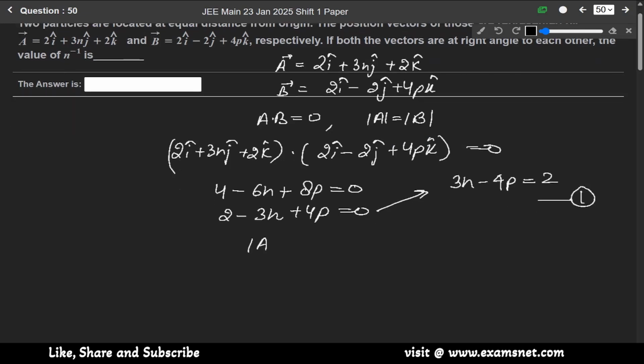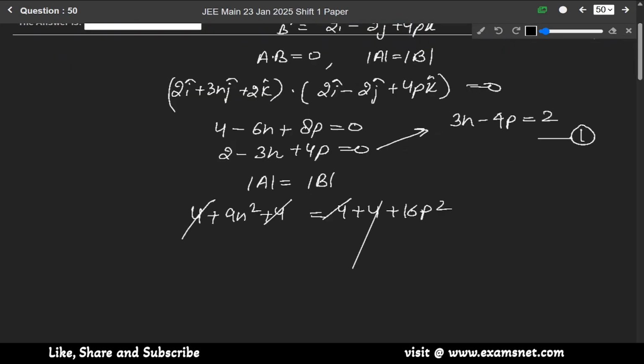And now modulus of A will be equal to modulus of B. It means 4 plus 9n square plus 4 is equal to 4 plus 4 plus 16p square. This 4, 4, 4, 4 cancels out. So from here we can write 3n is equal to plus minus 4p. And from first, 3n minus 4p is equal to 2.